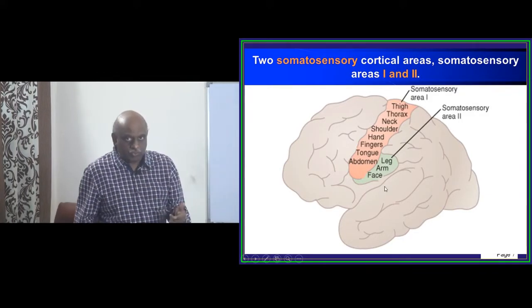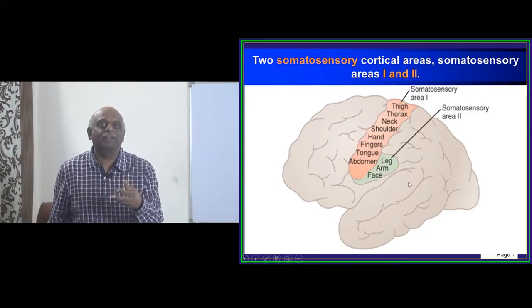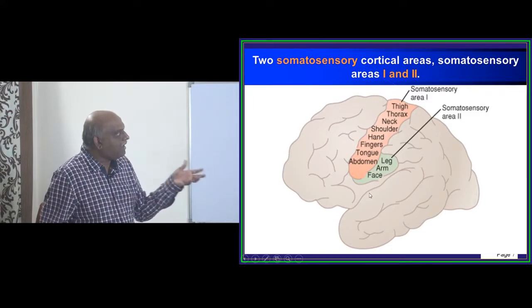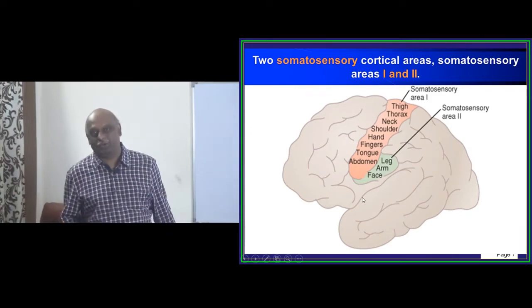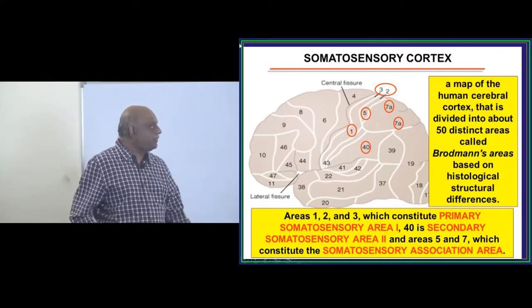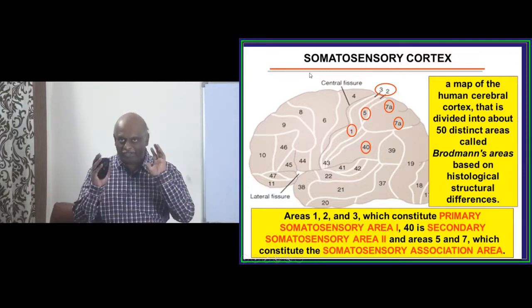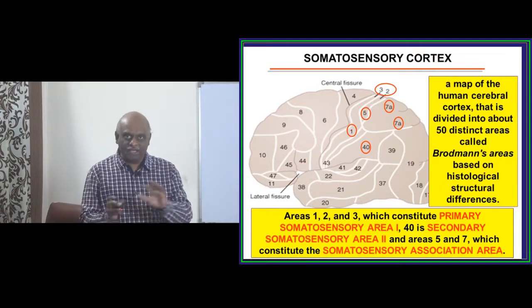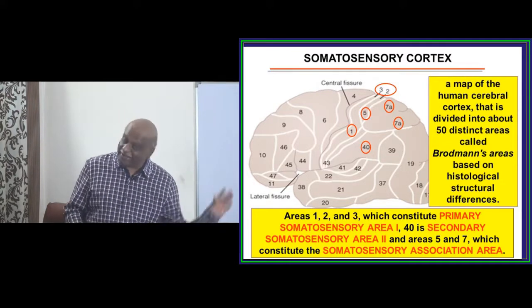Somatosensory area 2 is the one which is carrying the sensory information of the leg, arm and face. This is what you have to be 100% sure about. So, if you take this map, this is one map that should go and sit in your mind. Recently we discussed all Brodmann areas, yesterday's class. So this is a continuation of that.